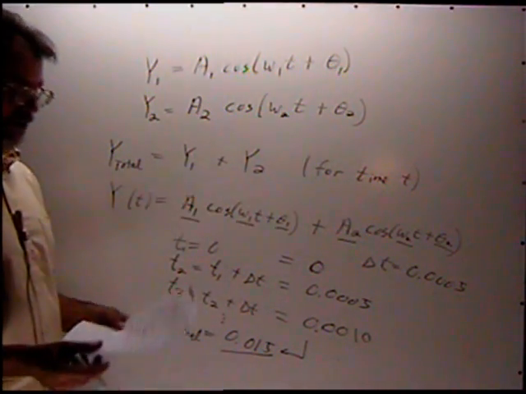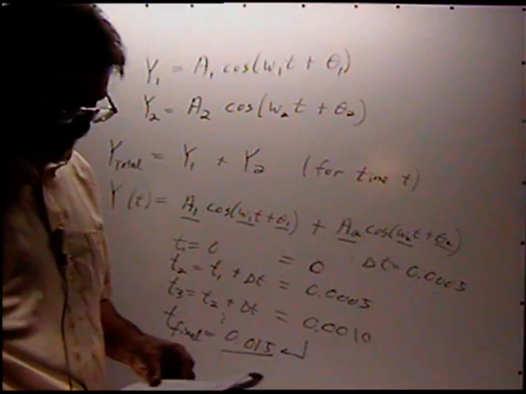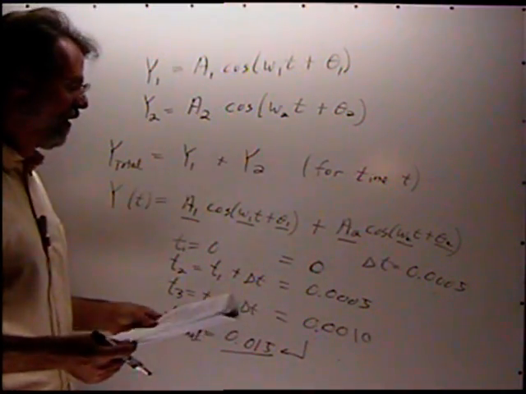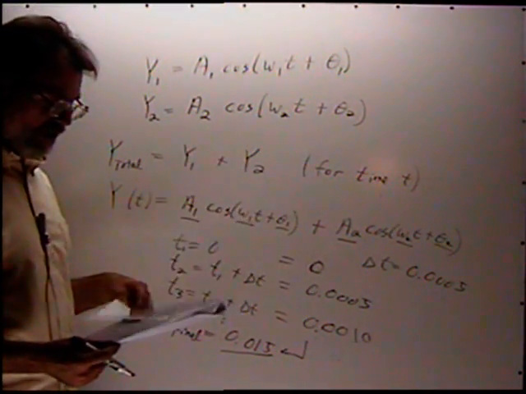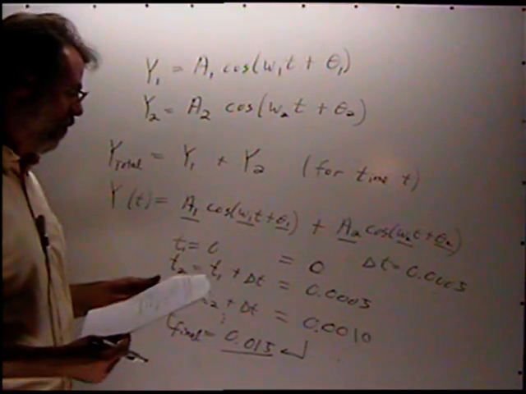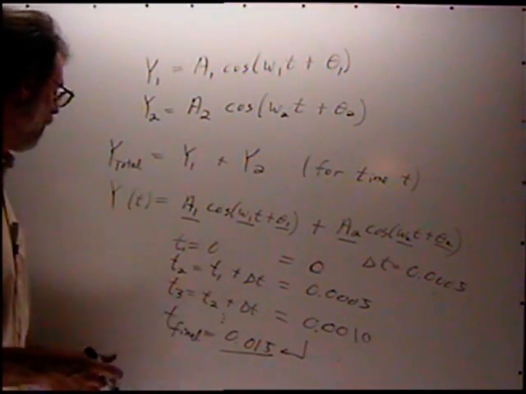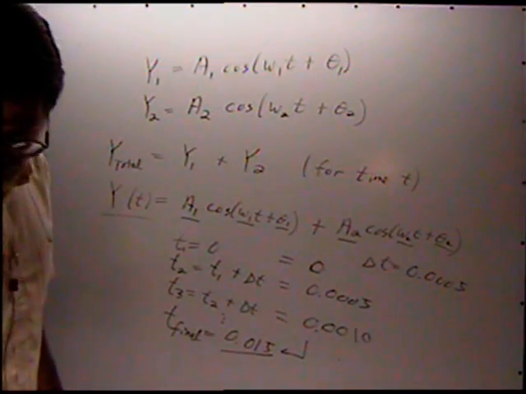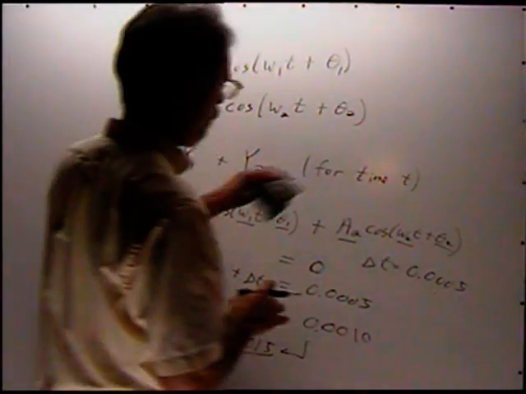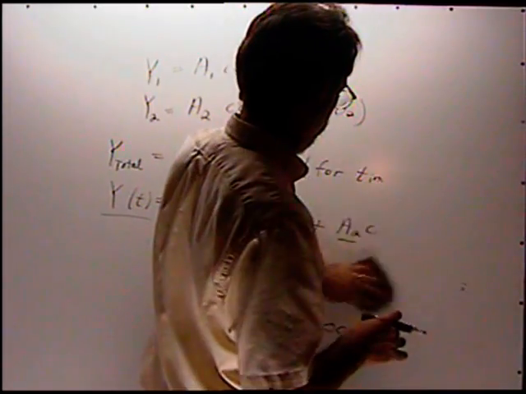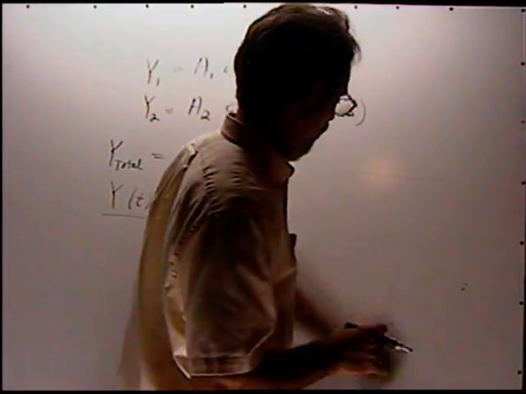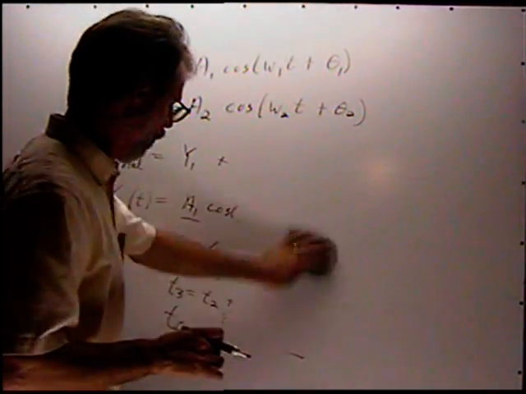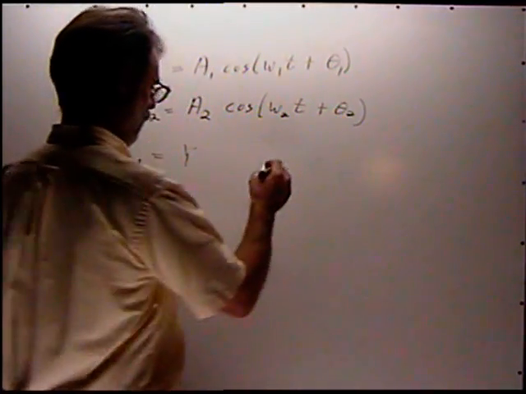Hope I didn't get that too confusing. You can do it by hand or you can do it by Excel, and I think Excel will be much better because it's much quicker. And then I want you to graph it. The graph should have all three waves superimposed.